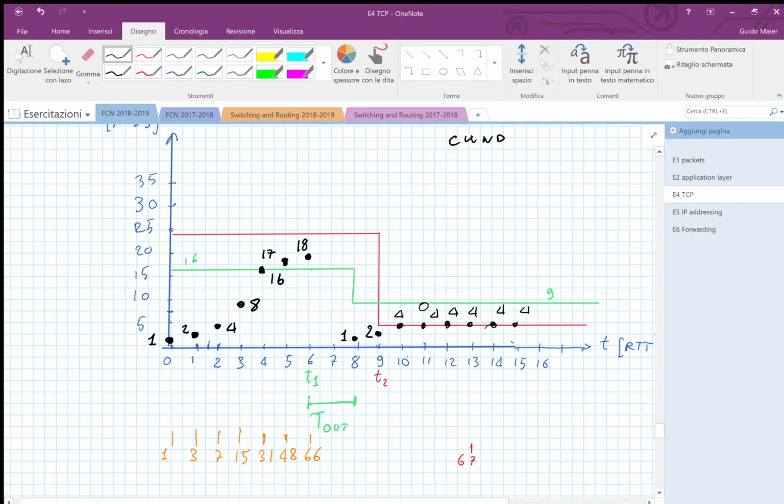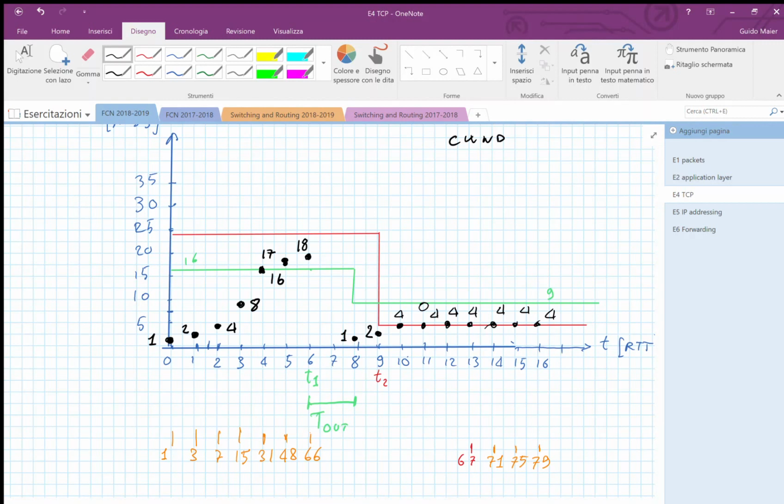So let's count. 67, plus 4 is 71, plus 4 is 75, plus 4 is 79. Okay. So now we have finished transmitting the file.